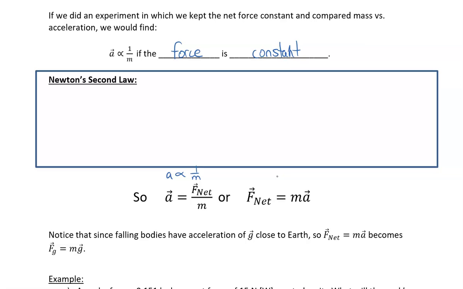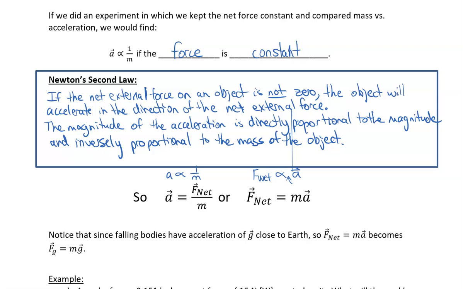And likewise, I could talk about this over here in terms of F net is proportional to acceleration, and the proportionality constant that would have to go in here to make it an equal sign would be the mass. So all the proportionality statement is saying is that the one variable is equal to the other variable so long as you substitute some constant value into that equation.